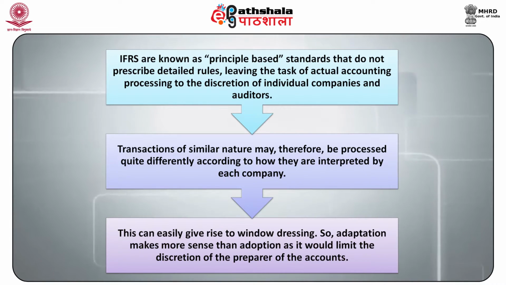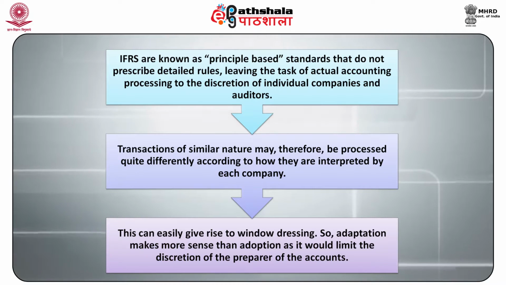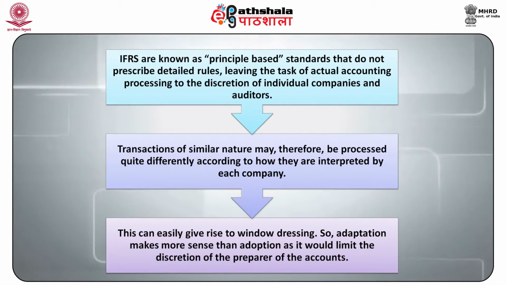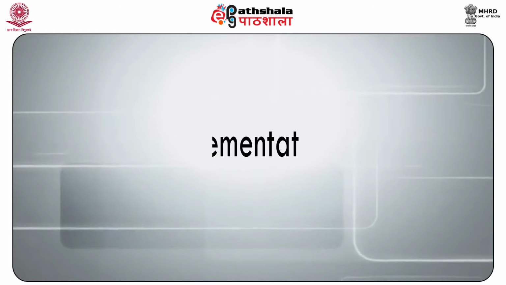So, adaptation makes more sense than adoption as it would limit the discretion of the preparer of the accounts. On the other hand, it may also defeat the whole purpose of convergence, as in the process of adaptation, countries will give out different methods of preparing financial statements and it will not be different from the existing system.